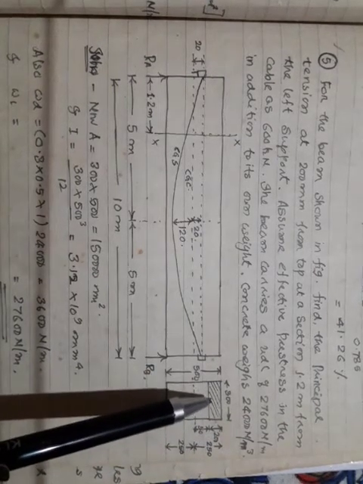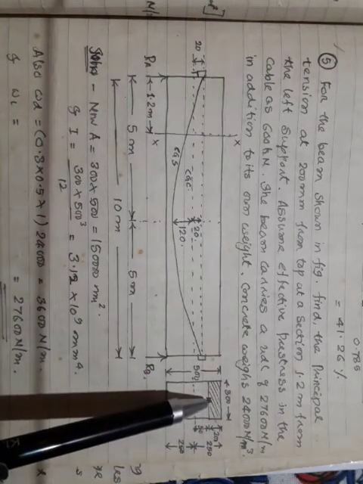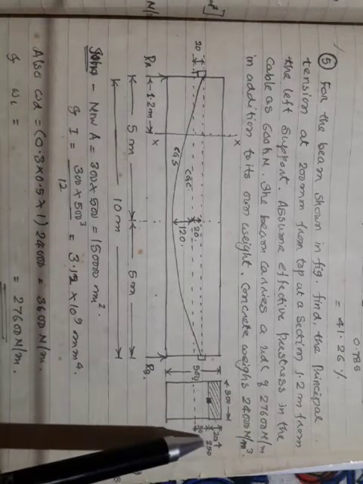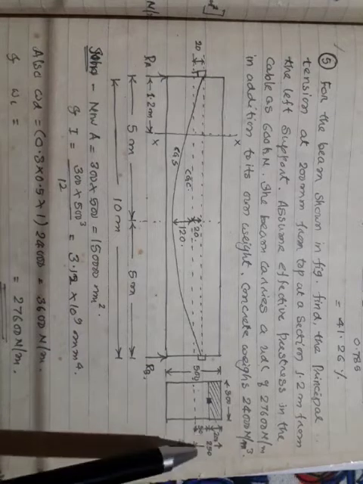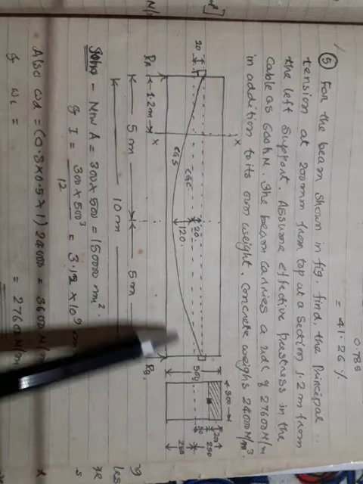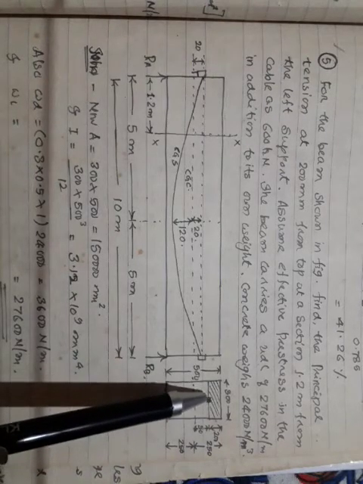Your element is here, as I have shown. This is 250, am I right? The CG lies at 250, and your element lies at 200 mm from the top. So the element is here.